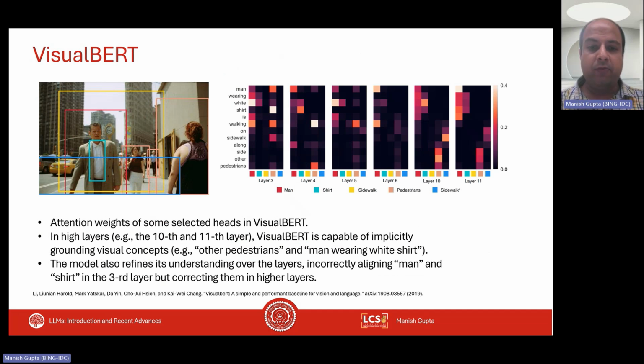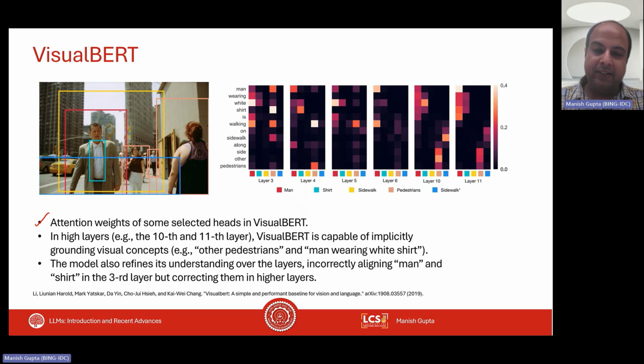Now, the interesting part about Visual BERT is that you could look at the attention weights of some selected heads at the output layer, at the last layer. By looking at those attention weights, you can visualize them and try to see, remember, in self-attention, you have text words paying attention to image pieces.